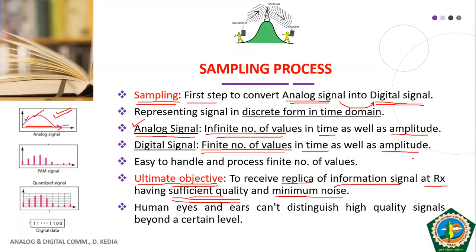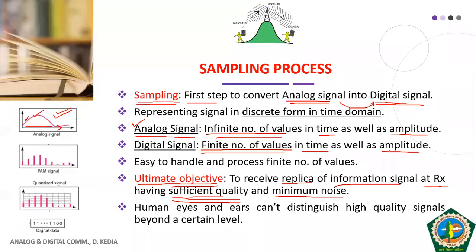And those values will then be handled or processed by our system. And if we try to improve the quality of only those finite signal values at finite instances of time, if we reduce noise at that level, then we can say that we have been able to achieve a sufficient amount of quality.